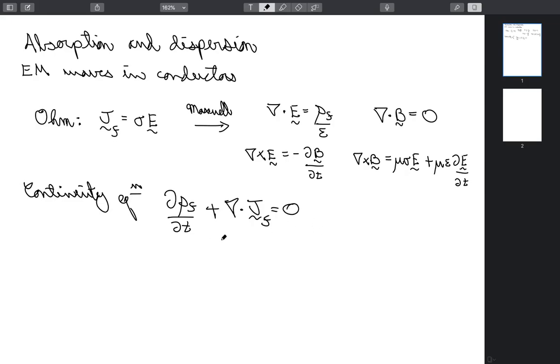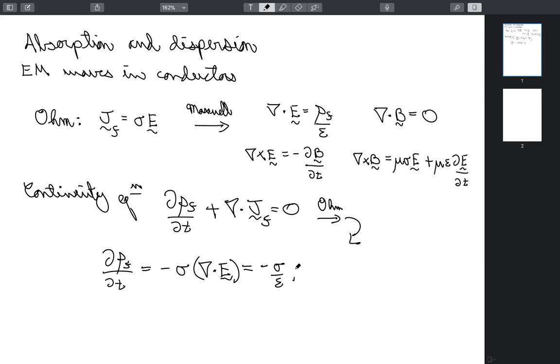Now, if I simply replace Ohm's law into this, I get that d rho f dt must be equal to minus div of jf, but jf is just sigma E, so I can write minus sigma times the divergence of E. But by Gauss's law, this just becomes minus sigma over epsilon times rho f.